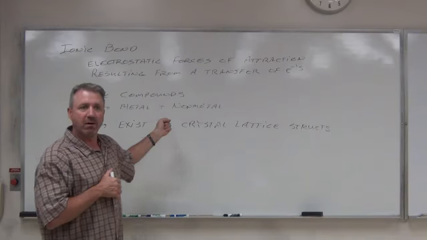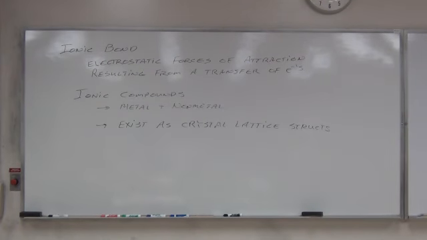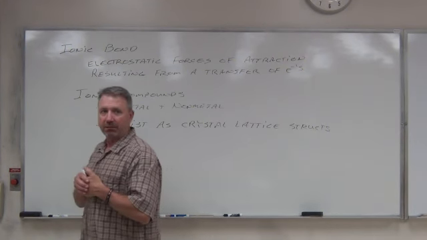Doesn't exist. You've never heard of a molecule of salt, right? It's a crystal of salt. So we're not going to call anything with a metal a molecule. The term molecule is reserved for compounds containing only nonmetals, which we'll get to toward the end of today's lecture. Okay? Everybody good with that?